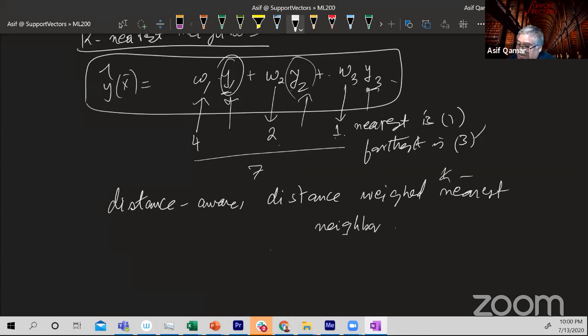K is still there, how many neighbors you take. But suppose you take k as very big, k equal to 50, but your 50th neighbor is very far away. What will be the coefficient here? It will probably be 0.001, a very small value. The idea is that you make the far-off neighbors' influence very small, so that they don't have as much vote as the first guy, right?